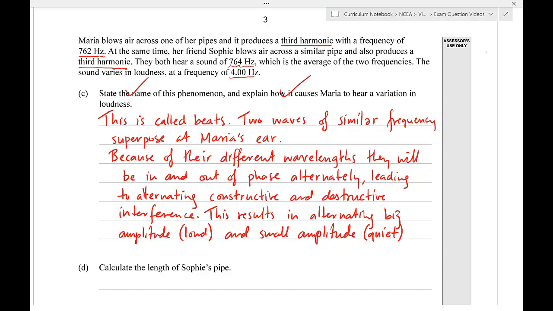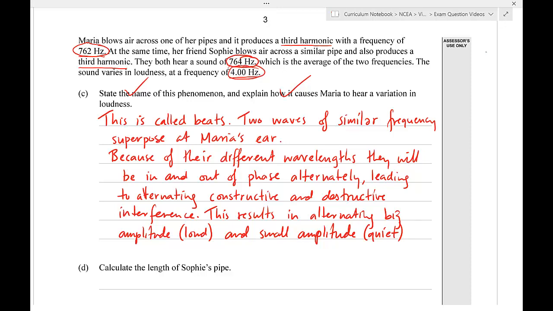And we have a beat frequency of 4. Okay, so we can see that this is the frequency of one of them. This is the combined frequency, which should be the average of the two. 762, 764. The other one has to be 766, so that their average is 764. We also know that they need to be 4 hertz apart because that's the beat frequency.